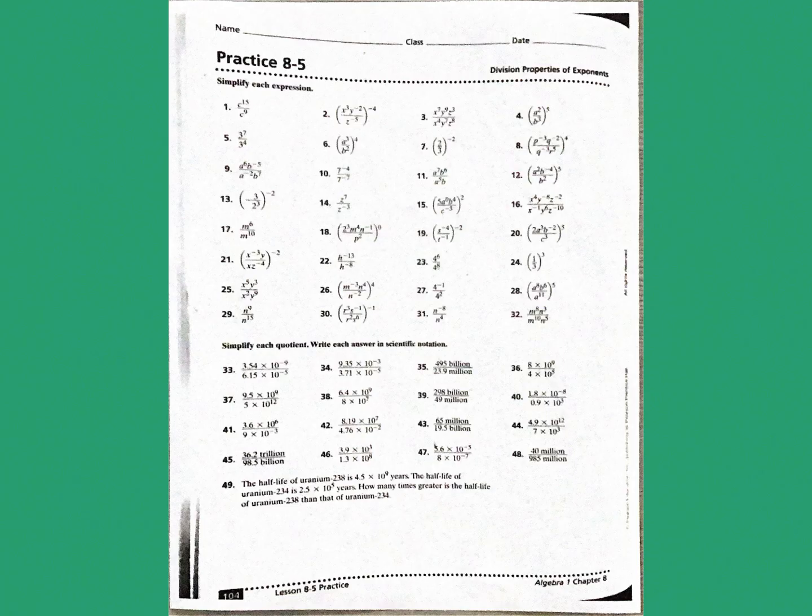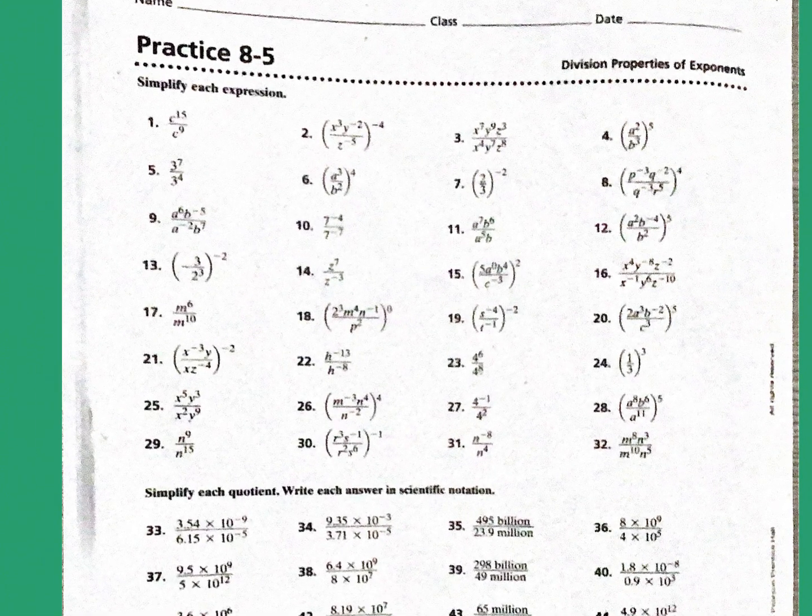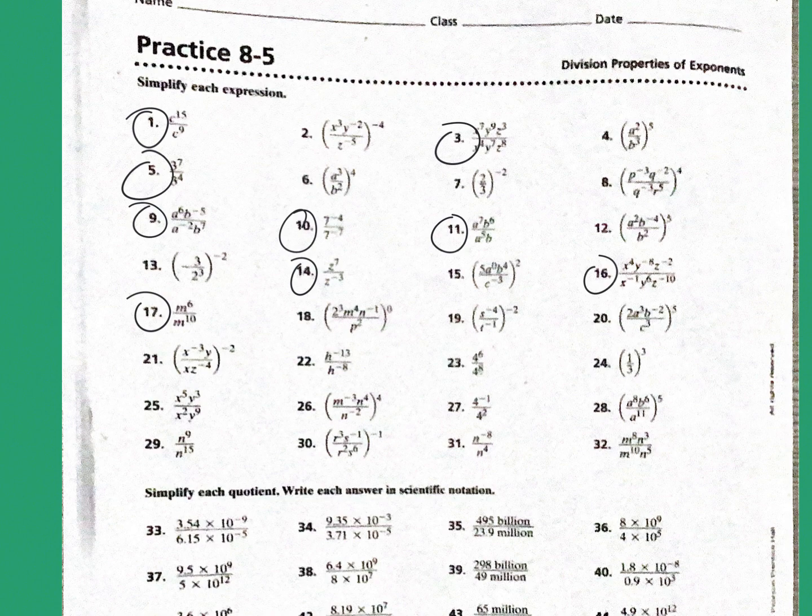Okay. Here's what we're going to do. I'm going to choose these for you. 1, 3, 5, 9, 10, 11, 14, 16, 17.